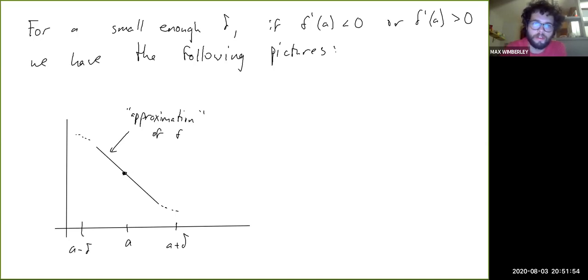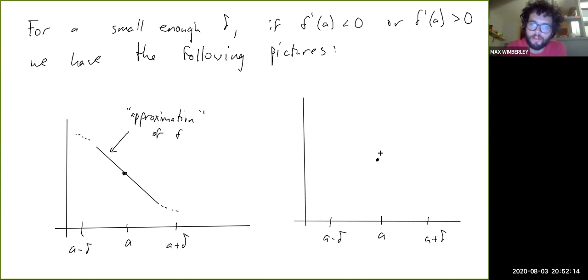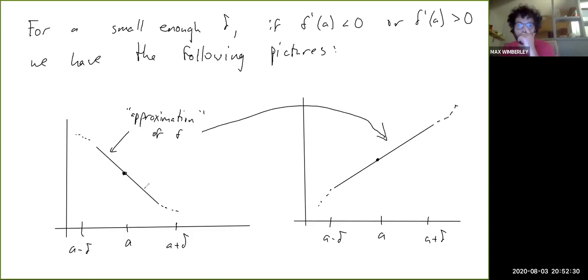And similarly, if f prime of a is greater than 0, then we would have a picture like this, where the function is increasing, and this is also the approximation here.